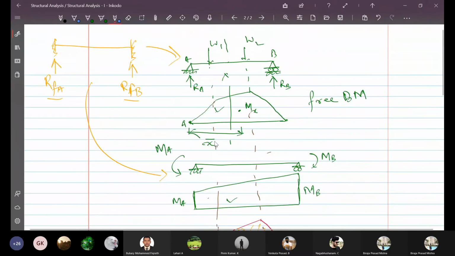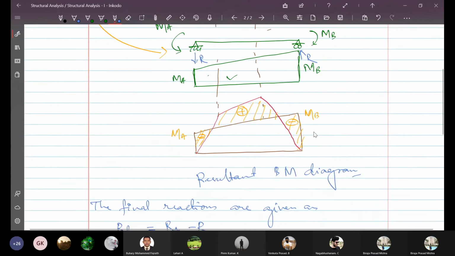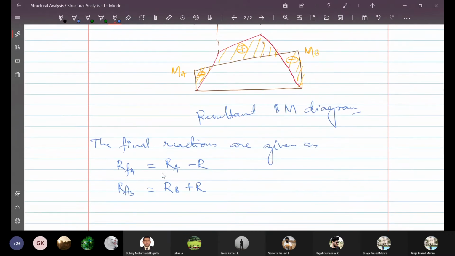Now see, here this is R and the direction of R was this. So that's why RA minus R and RB plus R.